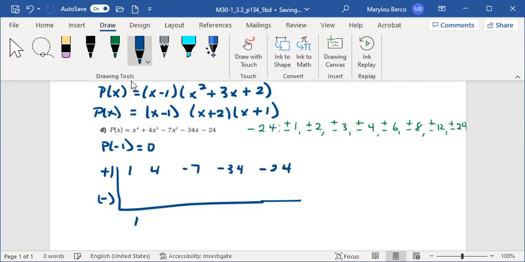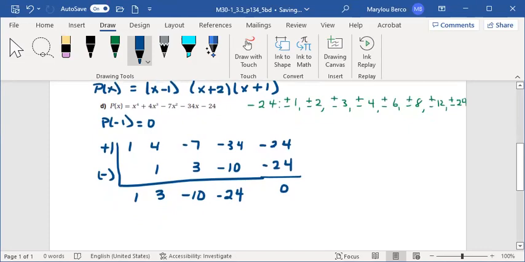Bring down the 1. 1 by 1 is 1. 4 minus 1 is 3. 3 by 1 is 3. -7 minus 3 is -10. -10 by 1 is -10. -34 plus 10 is -24. -24 times 1 is -24. So our remainder is 0.